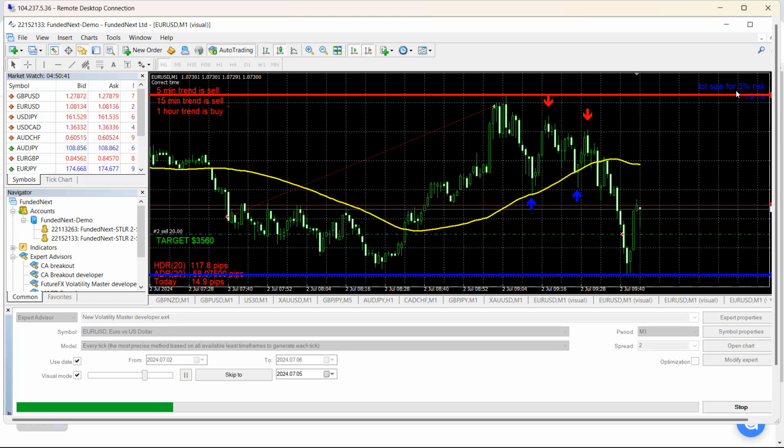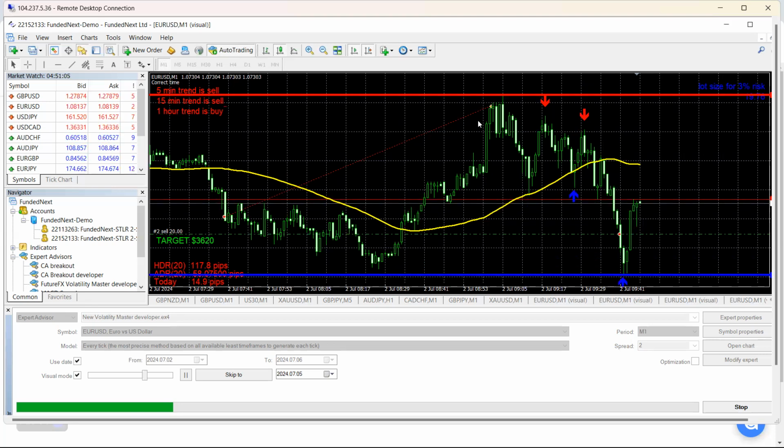Now I have the risk setting at 3%, but that means the 3% is the maximum possible risk. On these settings, if the stop loss was placed 150 points away, you would be risking 3%.